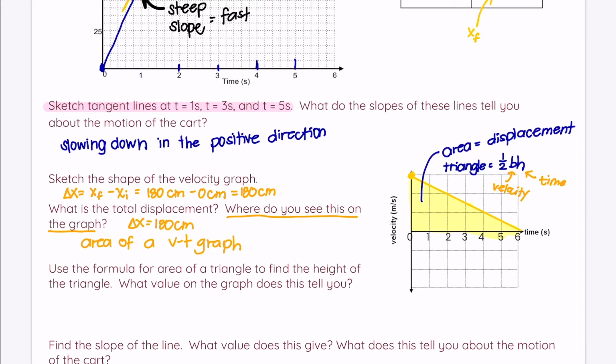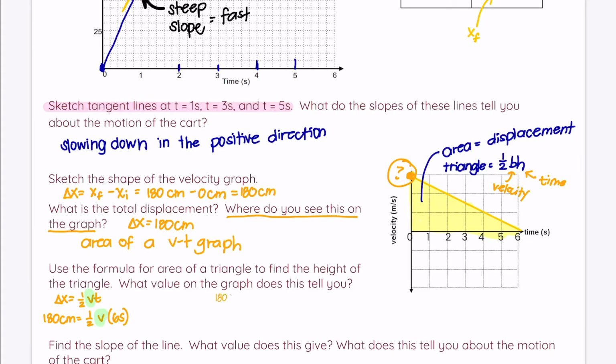And so now here we're going to find out what this number is, because we don't know what that is. We're going to use this formula, delta x is equal to 1/2 VT. So 180 centimeters is equal to 1/2 V times 6 seconds. And remember that V is the one that we don't know, right? So this is going to be our unknown, and we're trying to use algebra to find out what it is.